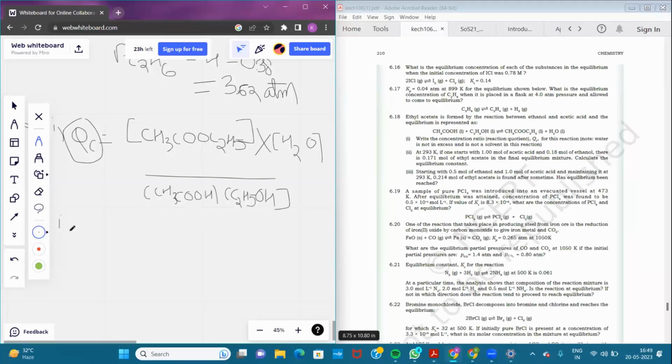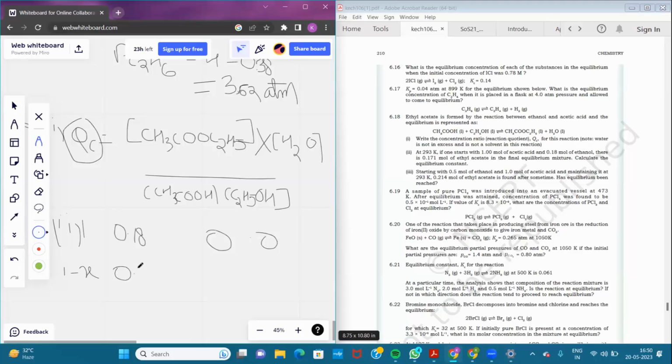And the second part: if one starts with 1 mole of acetic acid and 0.18 mole of ethanol, there is 0.171 mole of ethyl acetate in the final equilibrium mixture. So, initially it is 1 for acetic acid, 0.18 for ethanol. Ethyl acetate is 0 as well as water is also 0. Let us consider, after proceeding to equilibrium, X is reacted.